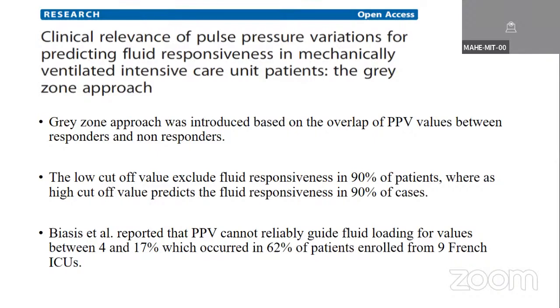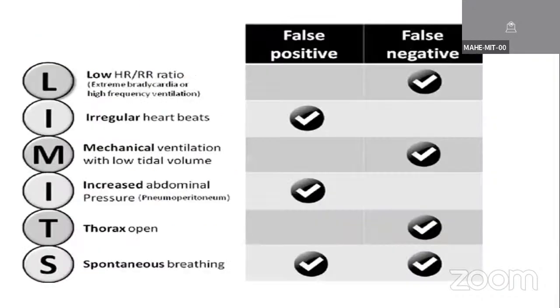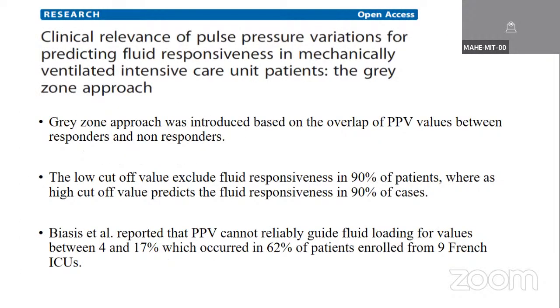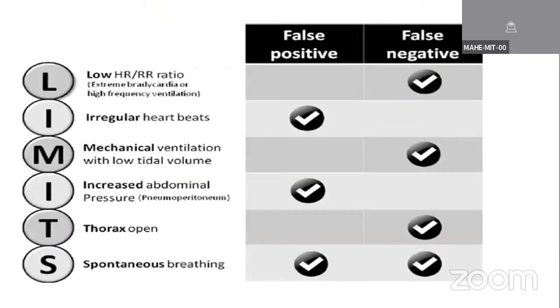So most of the patients fall in this gray zone only, and it is a little difficult to estimate if the patient falls in the gray zone. You can't tell accurately whether the patient is fluid responsive or not.